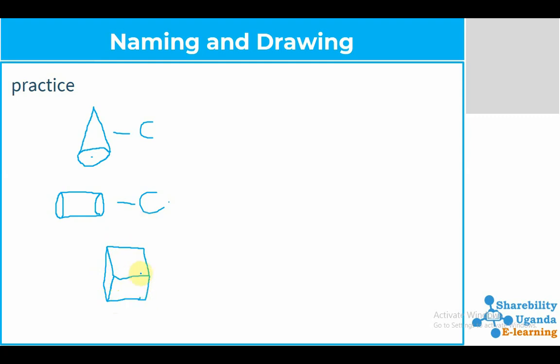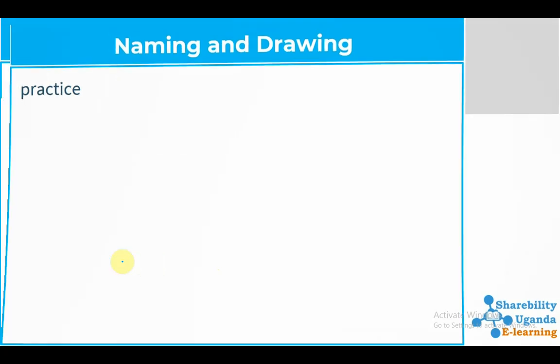So we can say that this is our cuboid. Here, cuboid. If I try to write the word. So this is how we can also draw what we call a cuboid.